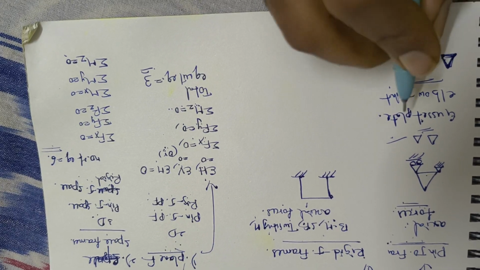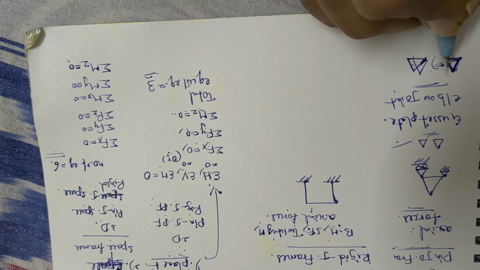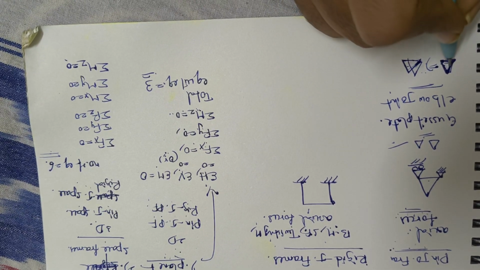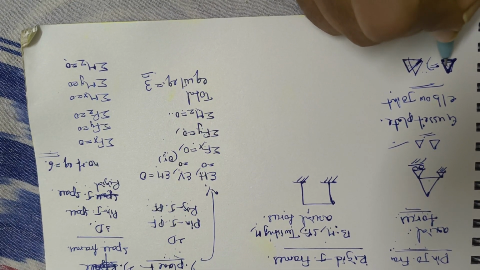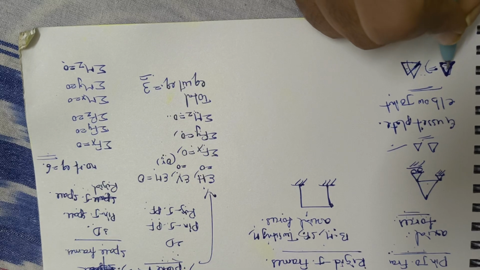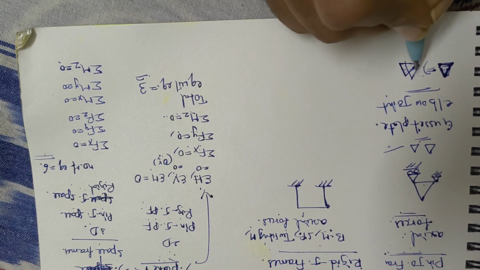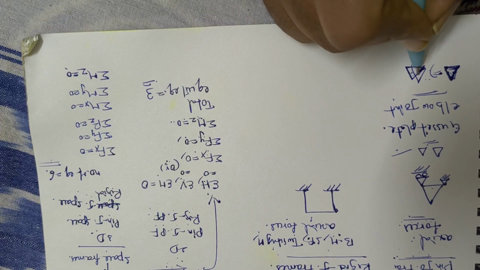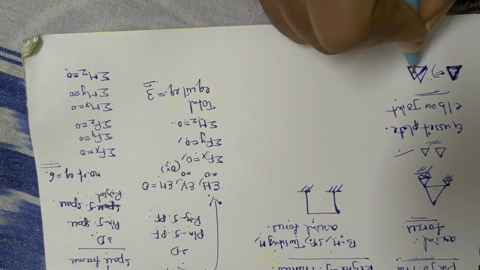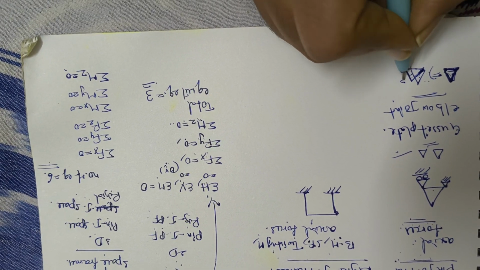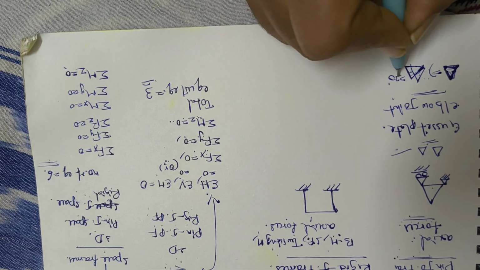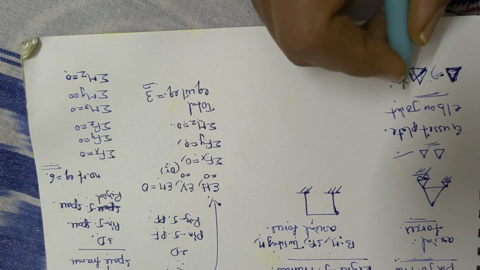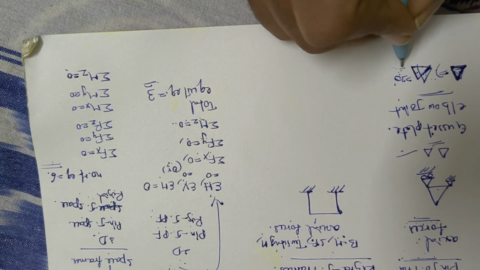So before and after, the angle between members varies. Suppose before the external loads, the angle between members is 30 degrees, but after, the angle between members is greater than 30, it may be 40 or 50, or less than 20 also may happen.